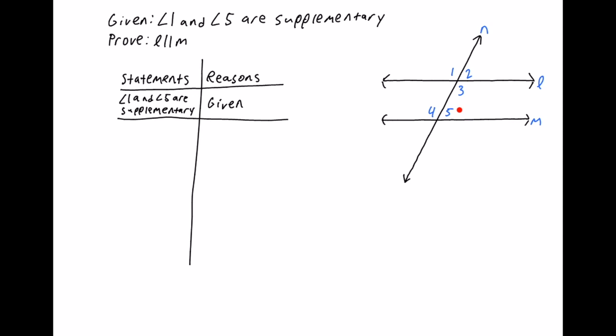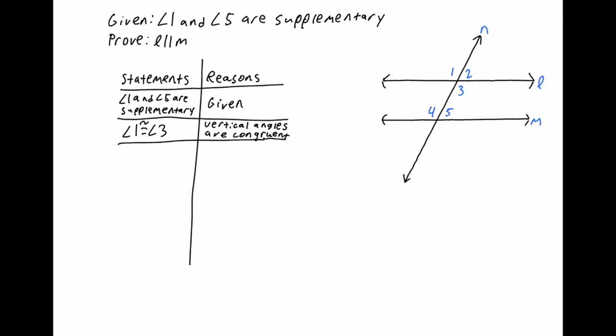So, angle 1 and angle 3, we know are vertical angles. Since they're vertical angles, that means they're congruent. So we can say angle 1 is congruent to angle 3, and the reason for that is vertical angles are congruent.